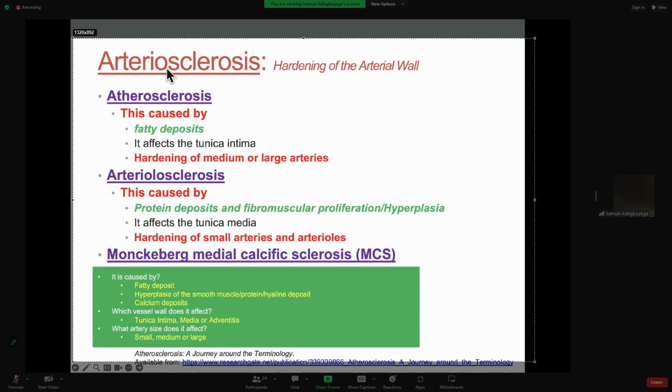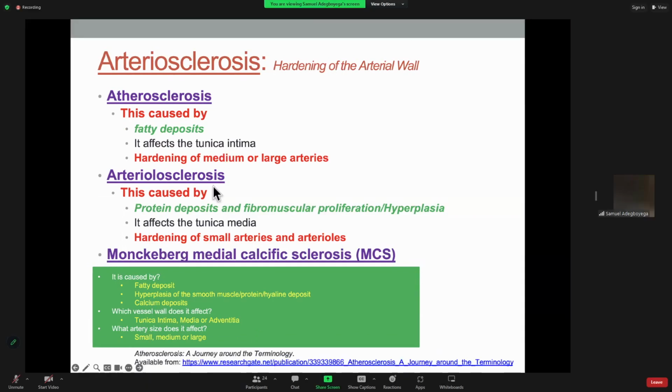It's different. With arteriosclerosis, basically you have protein deposit and also hyperplasia of the muscle within the lumen.